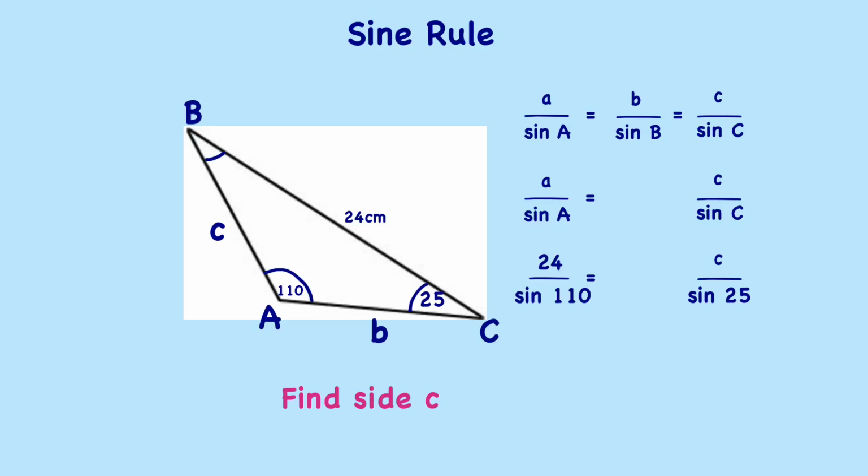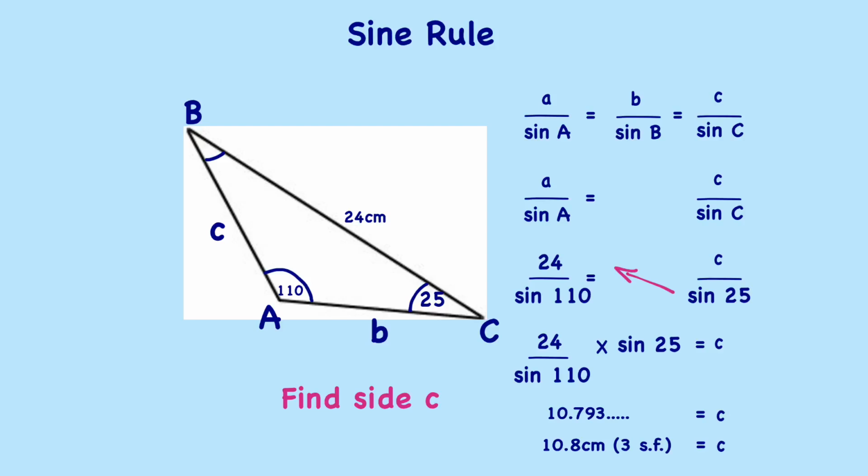We then use cross multiplication, so we bring the sine 25 up to the top and multiply by the 24 over sine 110. Once we do that, we input this into the calculator to find our value of c, which comes out to be 10.793, and if I round that to three significant figures, c is 10.8 centimetres.